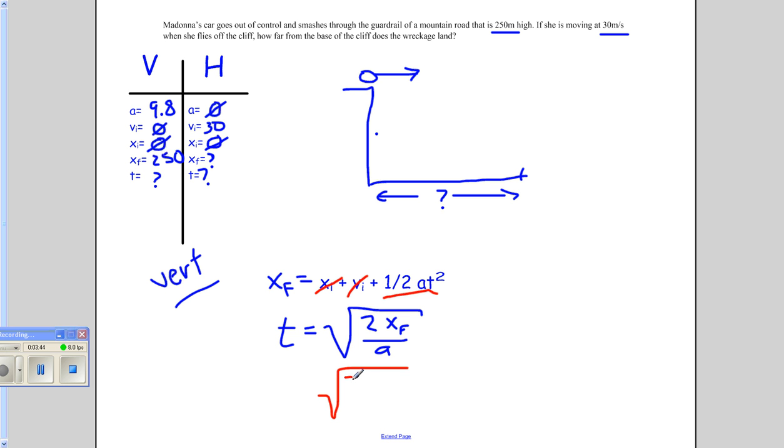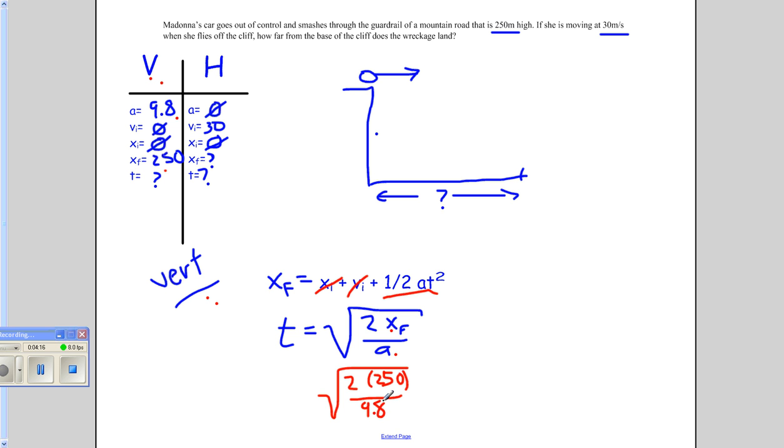So we have 2, and then xf, vertical xf is 250. Vertical a is 9.8.